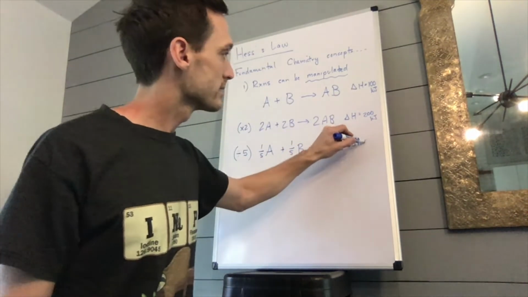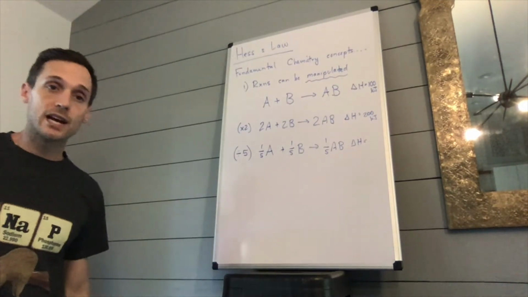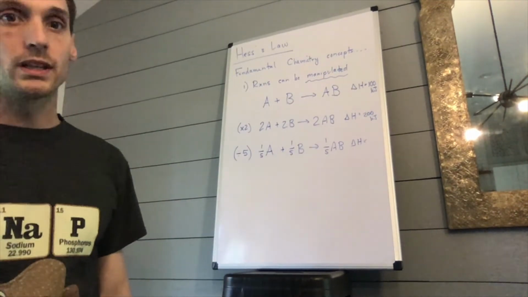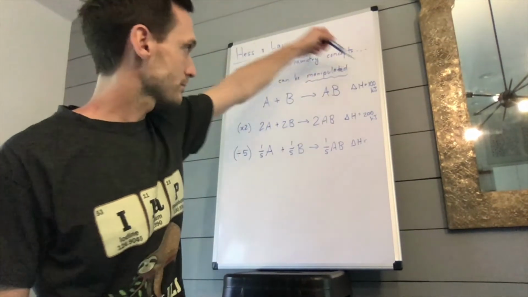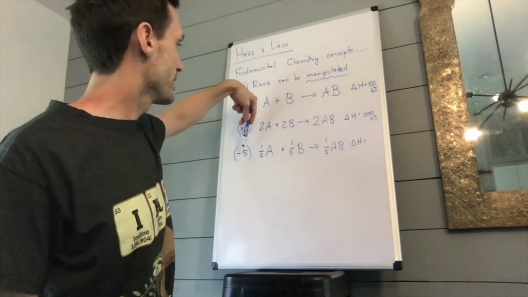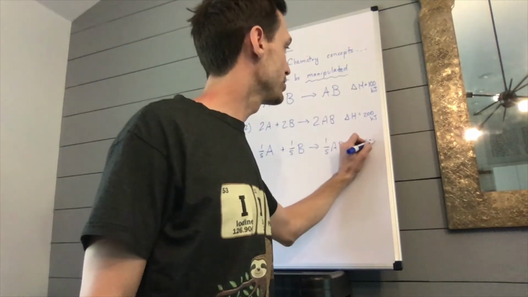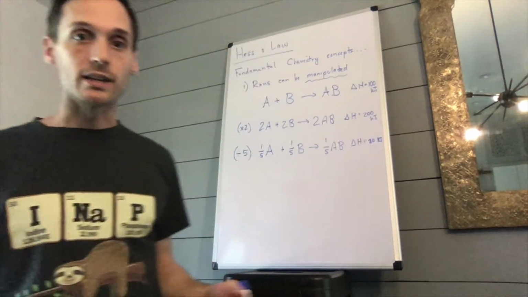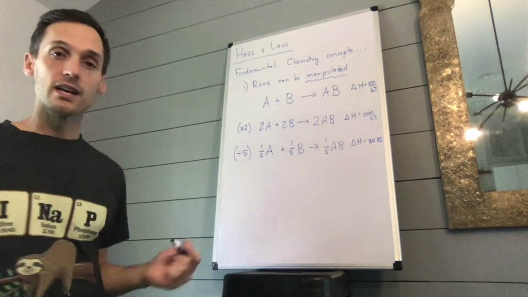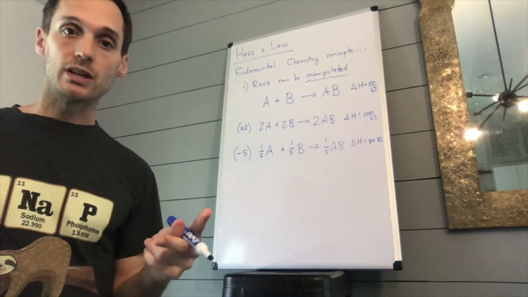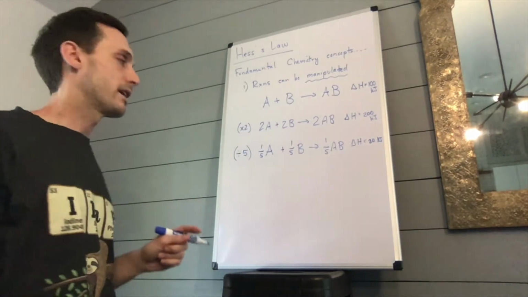Again, since we manipulated that overall reaction, we have to do the same manipulation to the delta H value. It was 100 kilojoules, but now we are dividing that by 5, so it would just become 20 kilojoules. So multiplication and division are two manipulations you can do, and there's one more that will be very helpful.